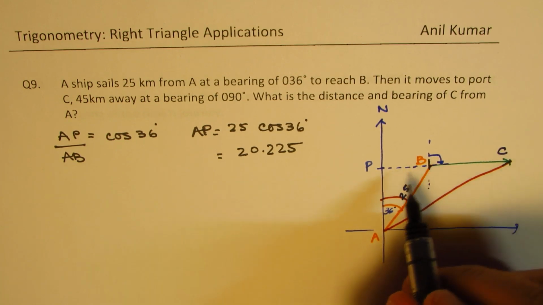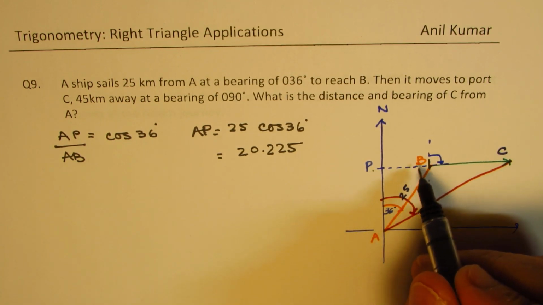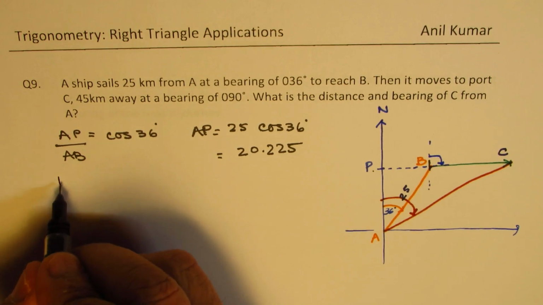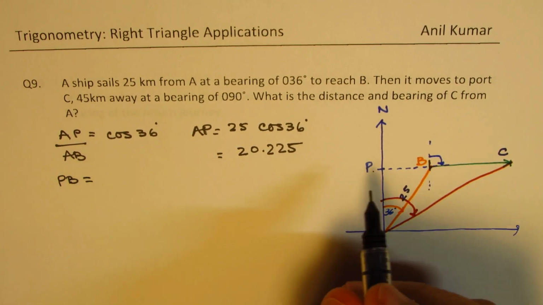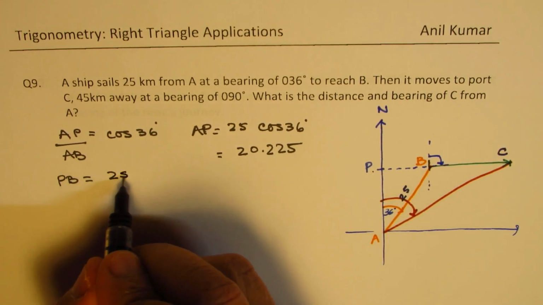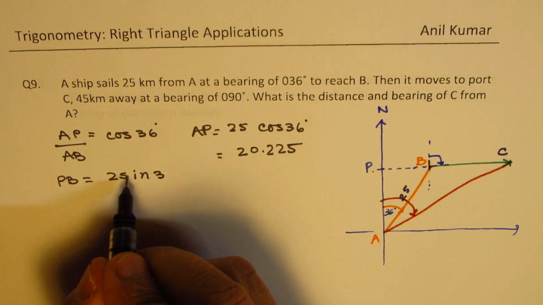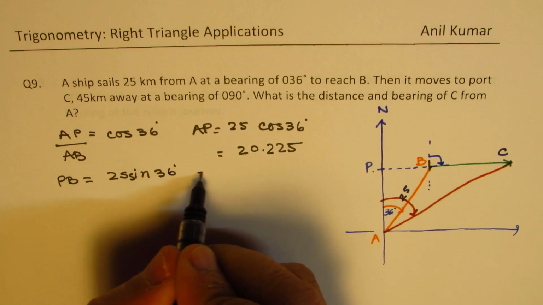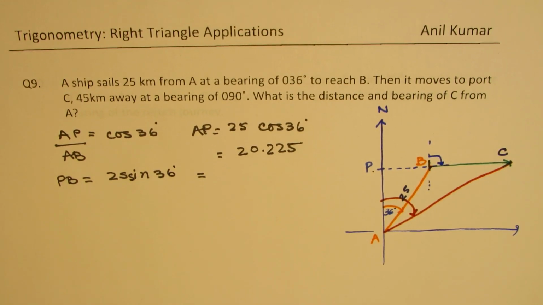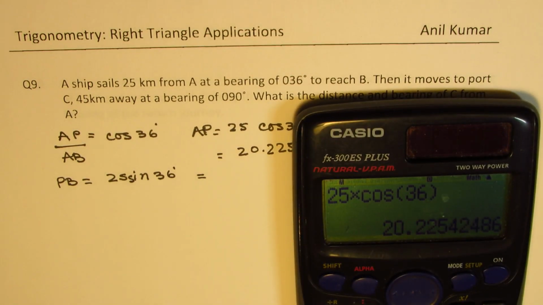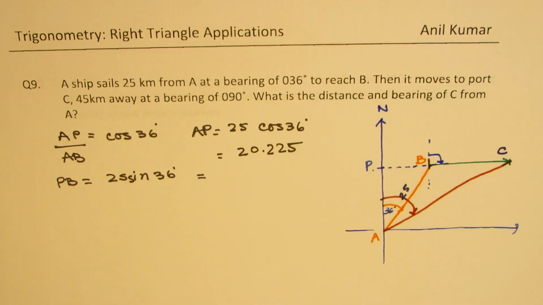Okay. We can find what PB is using sine, right? So P to B will be equal to 25 sine of 36. So let's find this out, right? That is the sine component. 25 sine of 36 degrees is 14.694.